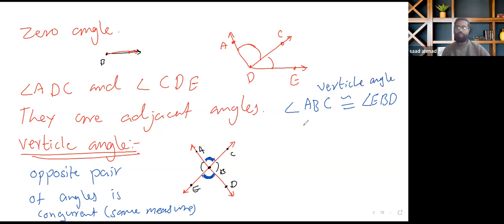Another pair of vertical angles that we can see is CBD. CBD is also congruent to angle ABE.